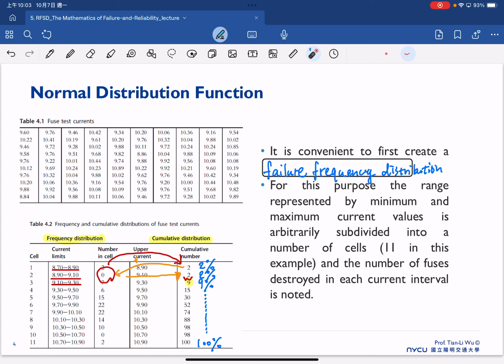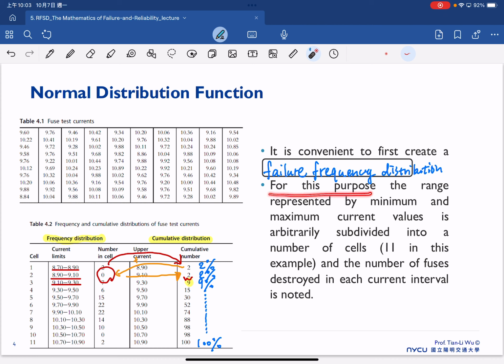For example, if we are interested in what would be the current that can lead to 50% of the fuses broken, that would be roughly around here, 9.9 amp. So if we test 9.9 amp on these 100 fuses, roughly 50% of the fuses will be broken.